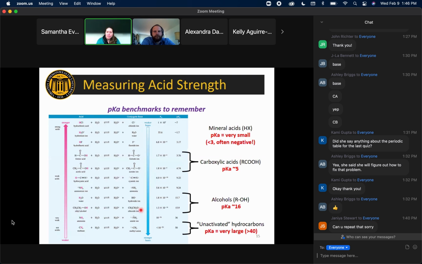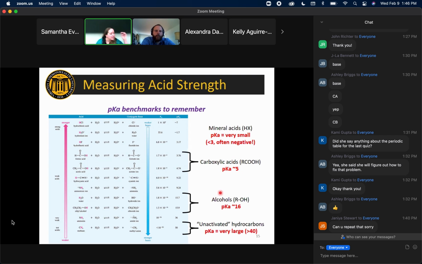And that's good, right? Because oxygen's electronegative, so that helps. But that oxygen carrying that negative charge doesn't have the option to shift that negative charge to another oxygen with resonance, because there's only one oxygen, right? So that's reflected here in the fact that alcohols are not as strong of an acid as carboxylic acids.